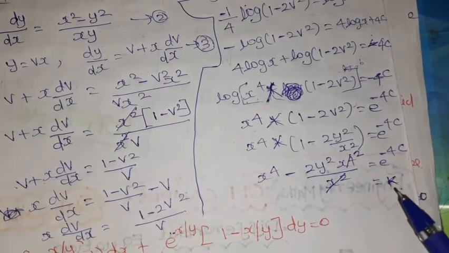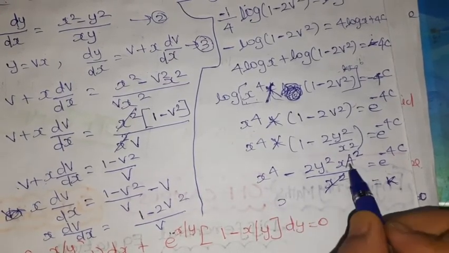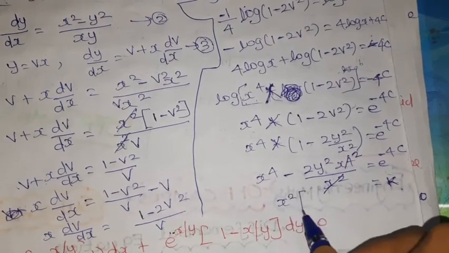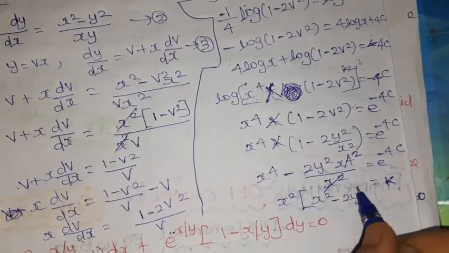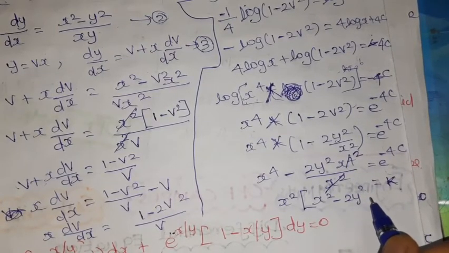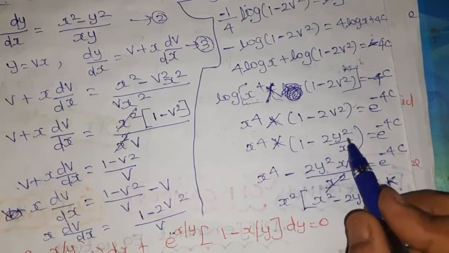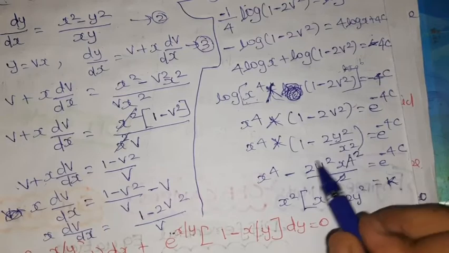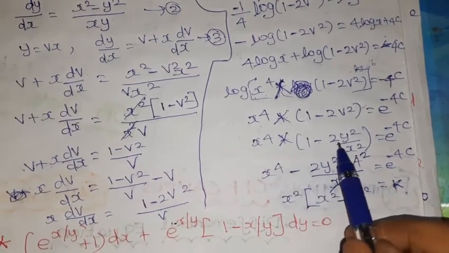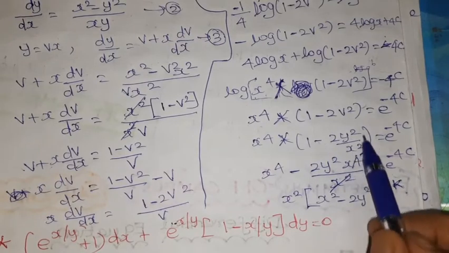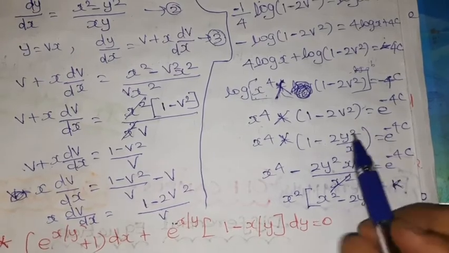Otherwise, taking x squared common, x squared minus 2y squared x power 4 equals 1 minus 2v squared, again checking x power 4, minus 2y squared by x squared, in place of v, since v is equal to y by x.